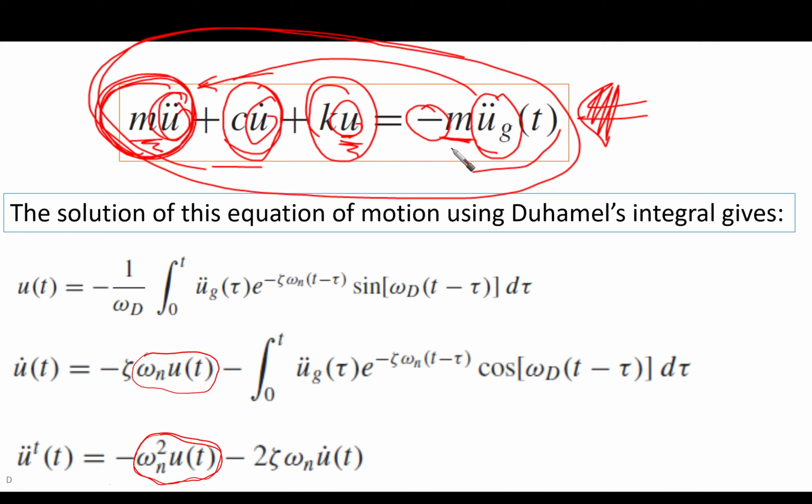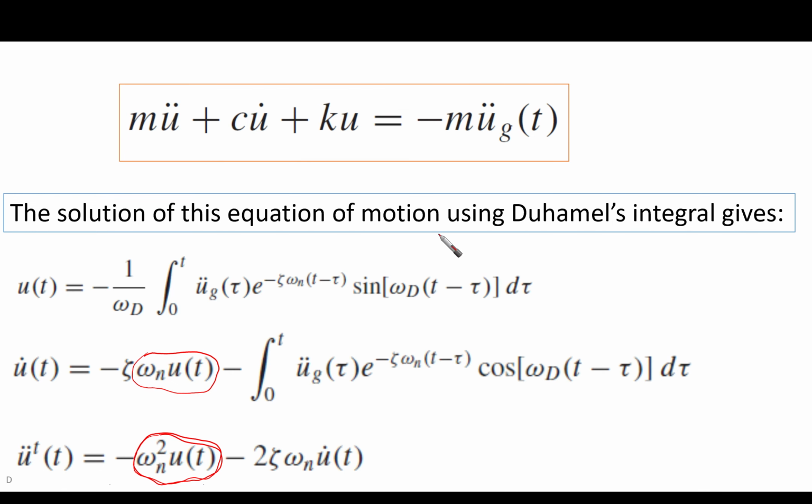M is a constant, it's given. U double dot g is the input time history record acceleration of the system. It is given. C and K are constants. So these are our main unknowns now.